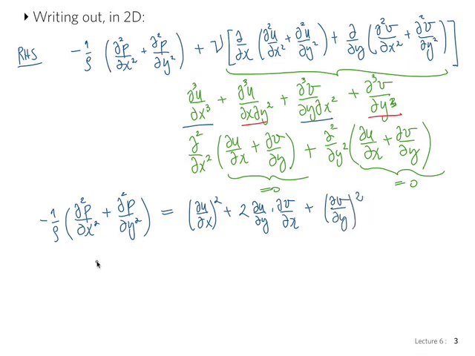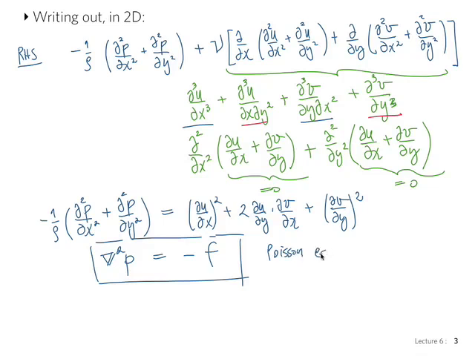So this is an equation of the following type, which is a Poisson equation. We have a Poisson equation for the pressure which ensures that continuity is satisfied.